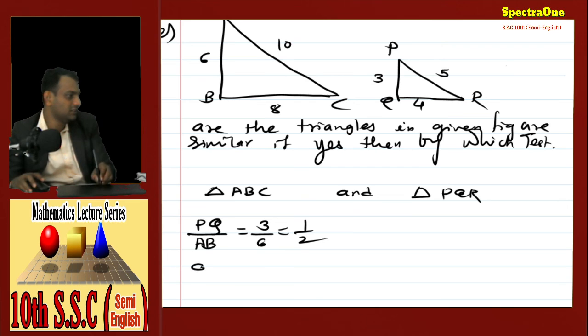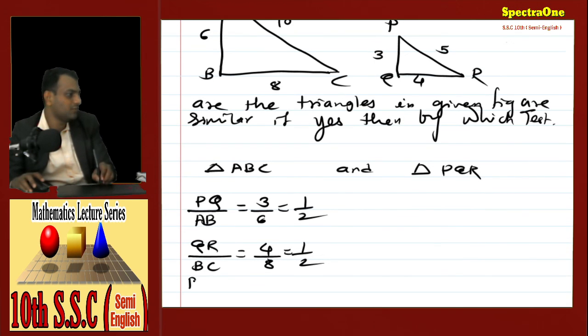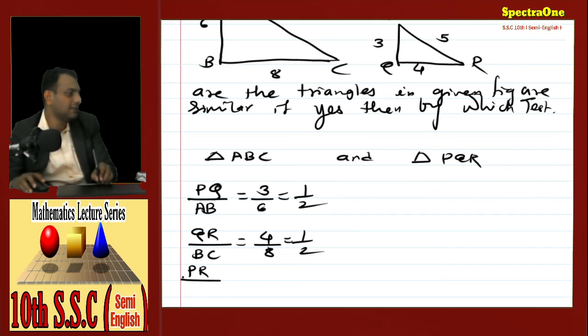Similarly, QR upon BC equal to 4/8, that is also 1/2. PR upon AC, that is 5/10, that is also 1/2.